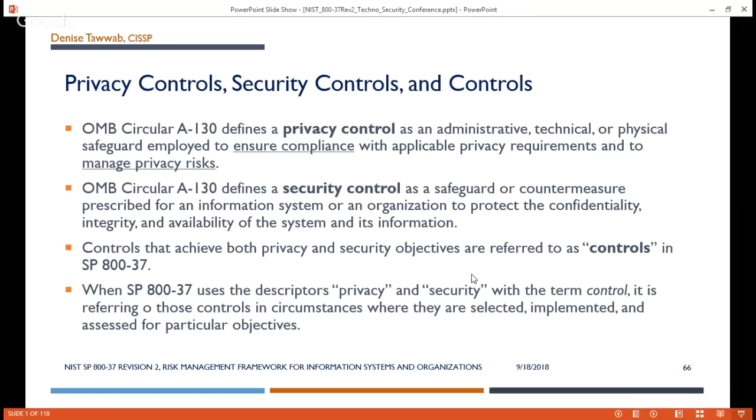Controls that achieve both privacy and security objectives are referred to as controls in 837. When 837 uses the descriptors privacy or security with the term control, it is referring to those controls in circumstances where they are selected, implemented, and assessed for particular objectives, either privacy or security.